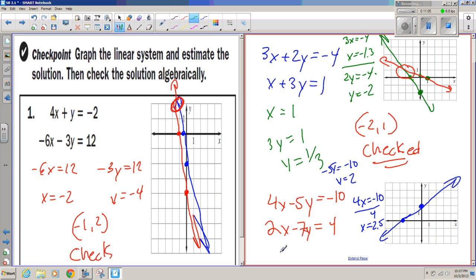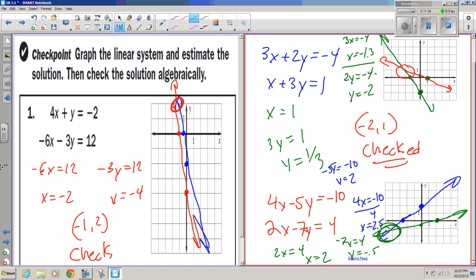Now the bottom one, 2x equals 4, that means your x-intercept is 2. Negative 7y equals 4, that means y is approximately negative 0.5. And so here's your graph. Your solution should be somewhere inside that circle.